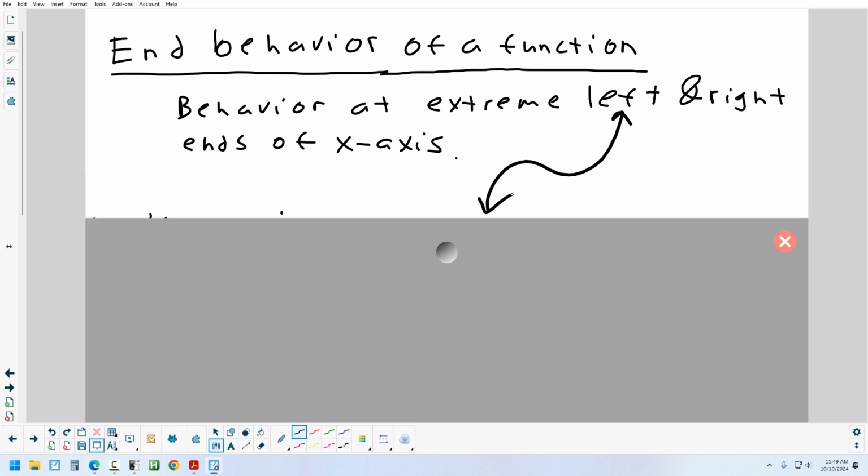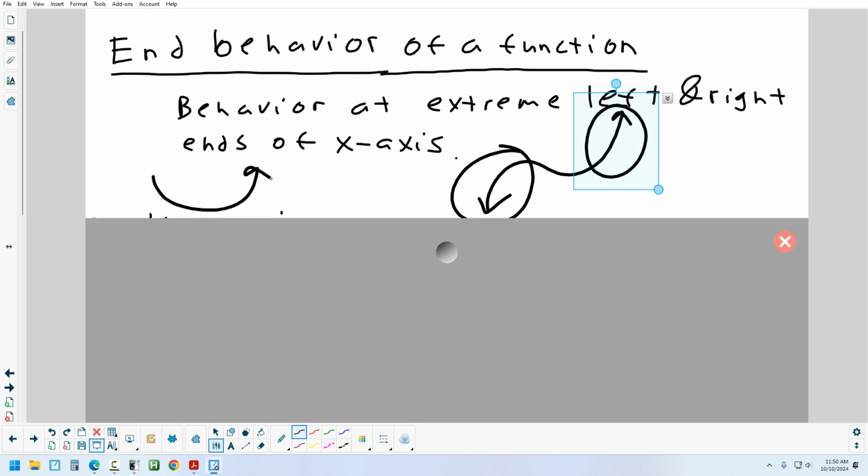If I wanted to describe the end behavior of that function, that means to describe what's happening here and what's happening here. On the left side, it's going down. On the right side, it's going up. That's called the end behavior.